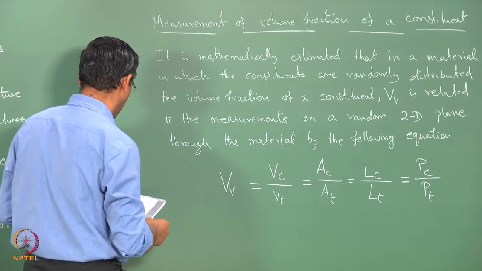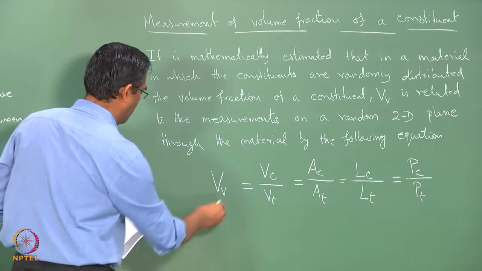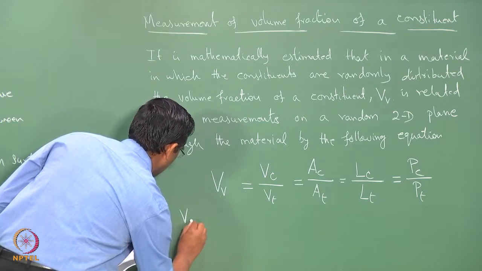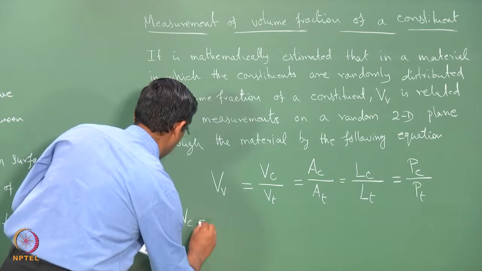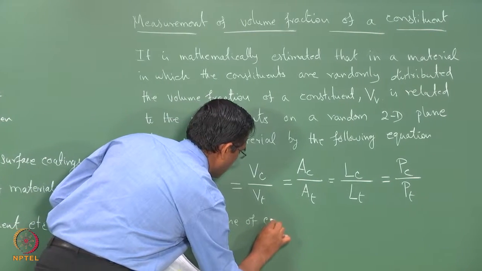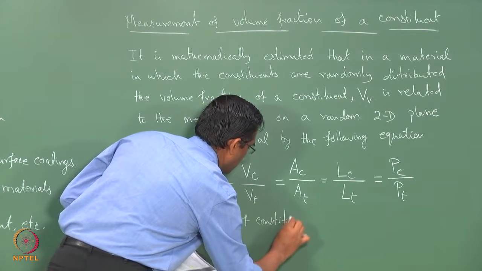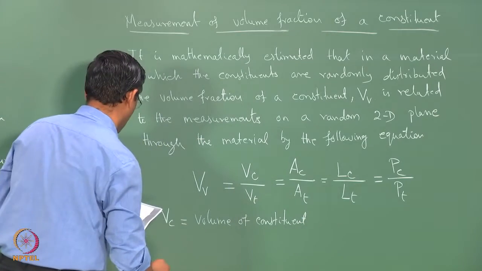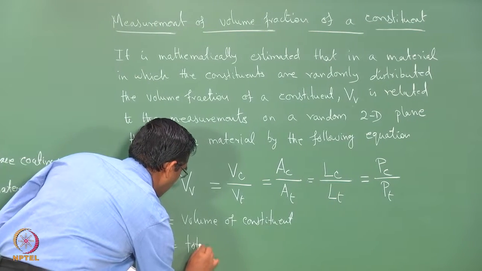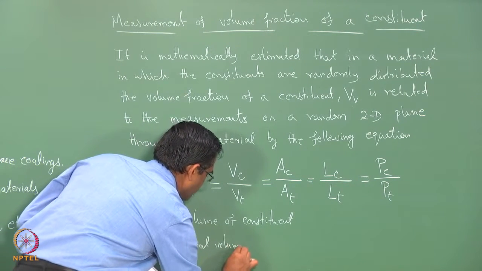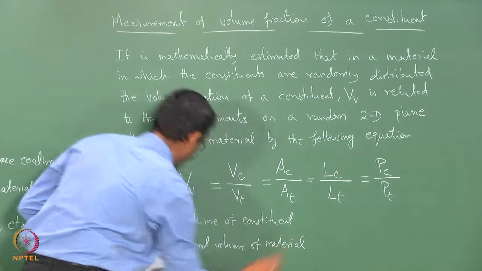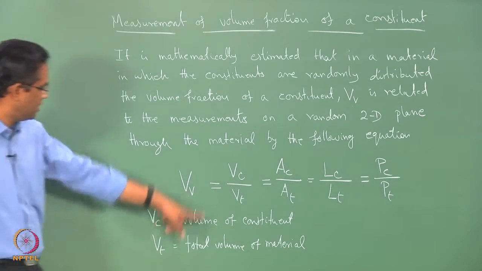See, VV is the volume fraction. VC is the volume of the constituent, VT is the total volume of the material, so VC divided by VT is the volume fraction.